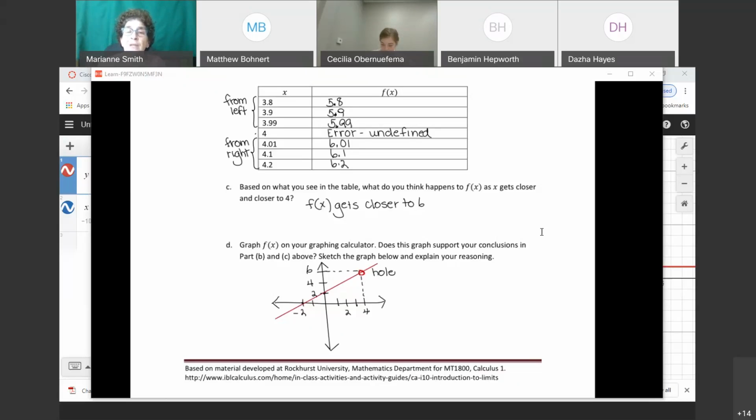But I would request that you ask me to do that separately from class time since the majority of students are not using a TI. Remember you can graph this in Desmos as well, like I showed you. And again, just look to see what's happening at 4. You'll get the same graph. The only difference is here you can just click right on the x equals 4 and see the undefined spot. Everybody good with this? Anybody have problems with it?